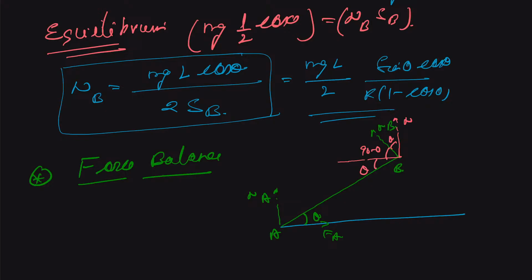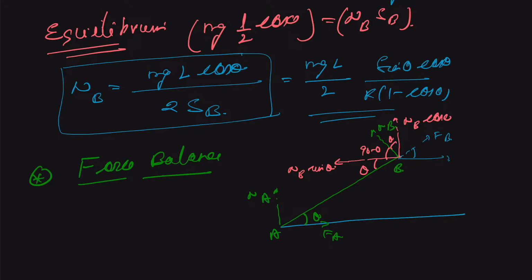So we get this as NB cos of theta, and we have our NB sine of theta. And then our friction is left, so we can say this is our friction at B, F of B, and we can divide it into two components.